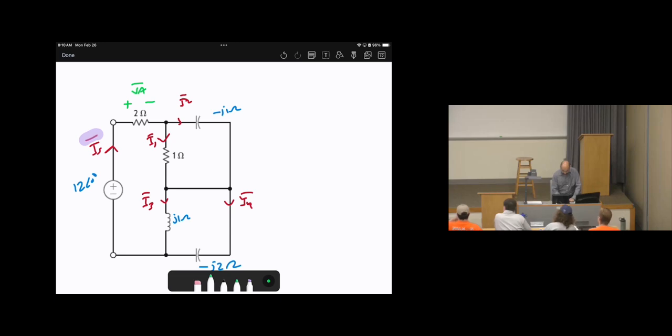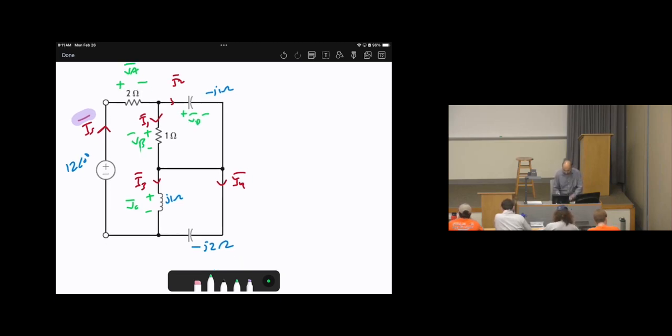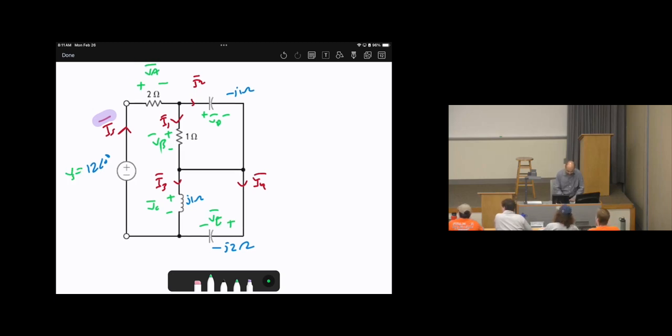Then for the 1 ohm, plus minus VB bar. Don't forget to put the bars. For the j1 ohms, plus minus VC bar. For the negative j1, plus minus VD bar. What else? Negative j2 ohms, plus minus VE bar. And we have 12 volts, this is V source. Okay? Does this make sense? It's the same as we know before, but just put bars above these quantities.